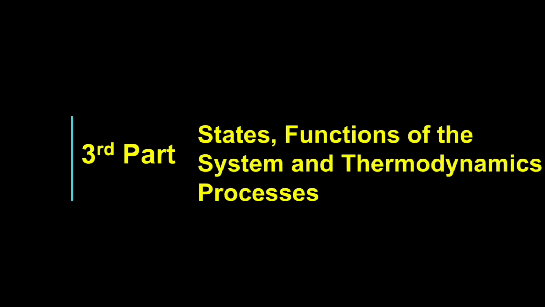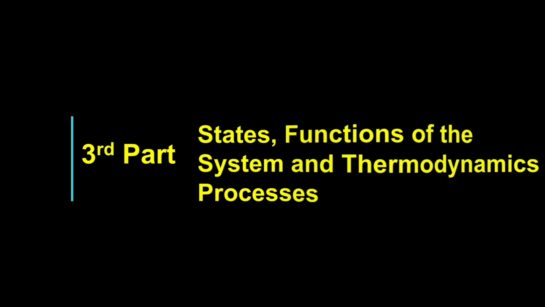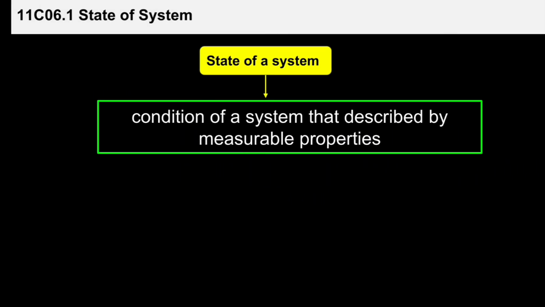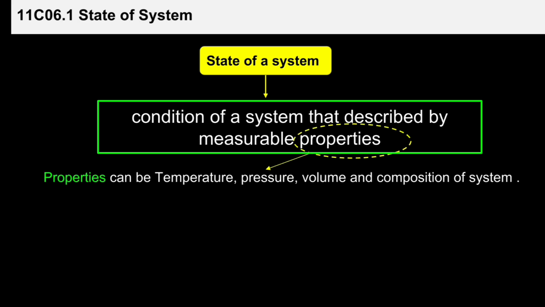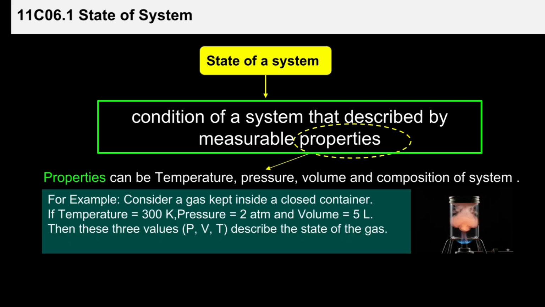So this is the third part of this chapter, that is, states and functions of the system and thermodynamic processes. So what is the state of a system? It is the condition of a system that is described by measurable properties like temperature, pressure, volume and composition of the system. For example, consider a gas kept inside a closed container.